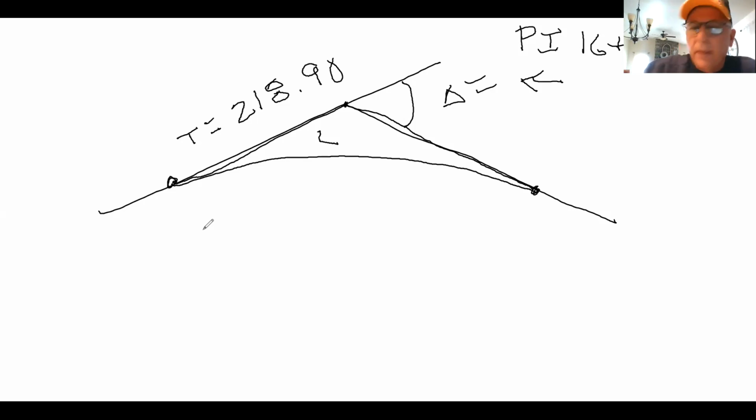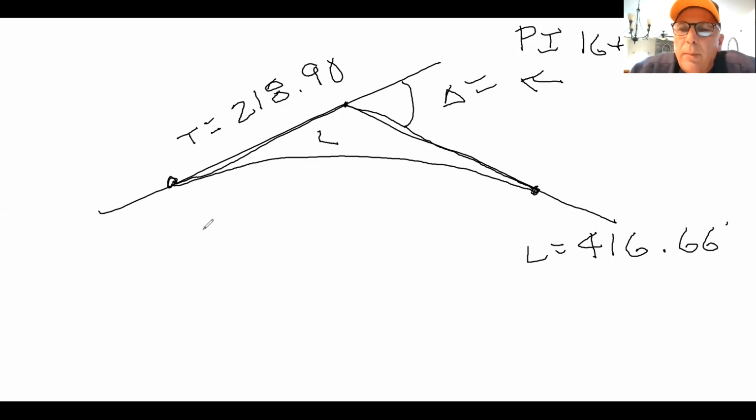not the tangent length, but the length of the curve here, L, is equal to 416.66. Now, here's one of those points where I look at my curve data and ask, does that make sense to me?